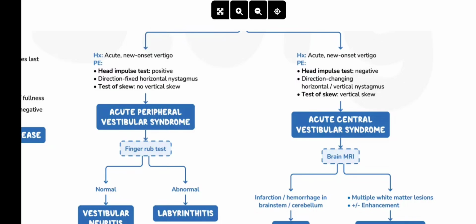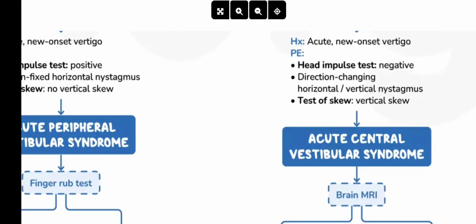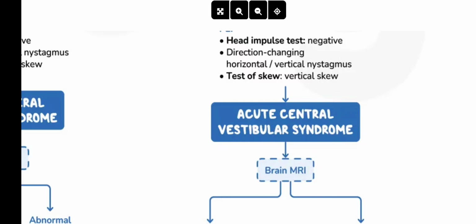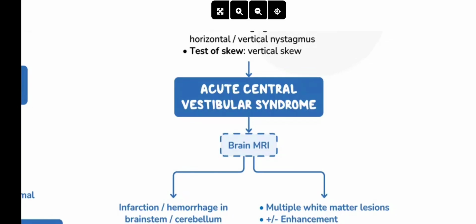If it's an acute new onset of vertigo, the HINTS head impulse test is negative, and there is direction-changing horizontal or vertical nystagmus, not direction-fixed, and the test of skew shows a vertical skew present, then it's acute central vestibular syndrome.